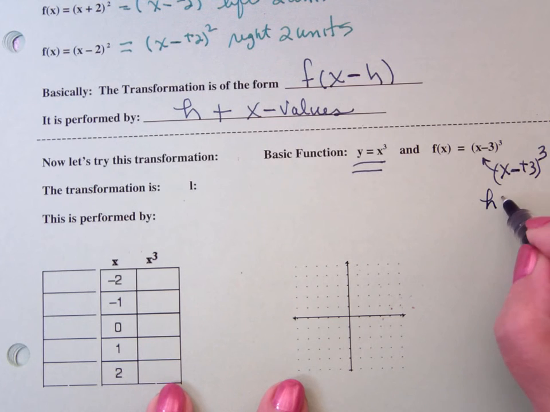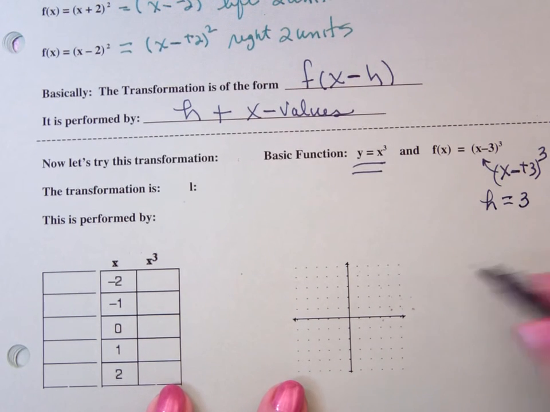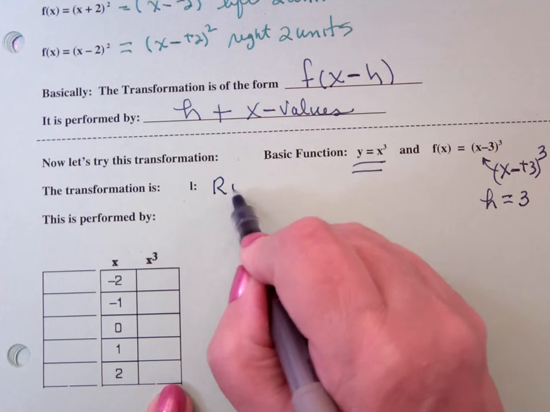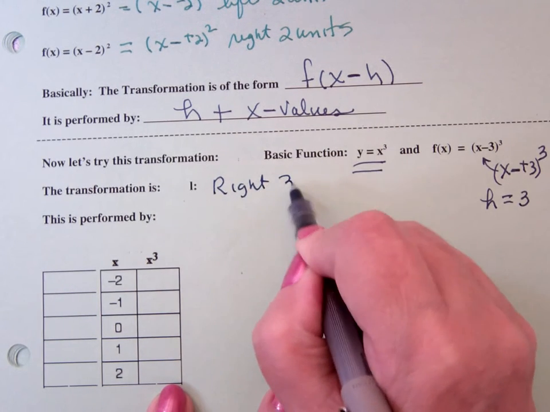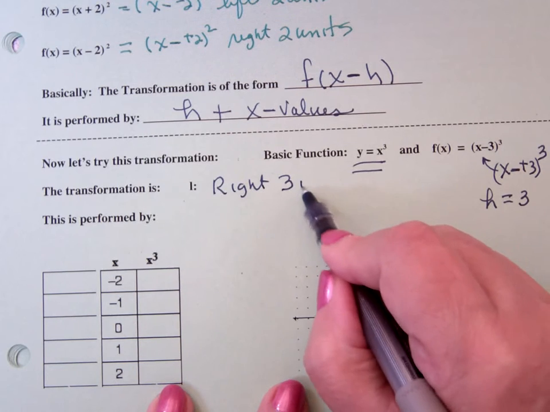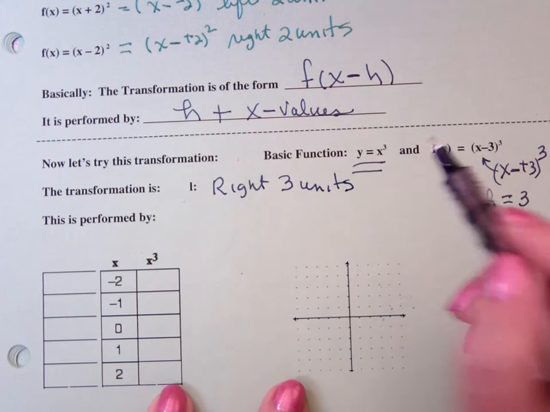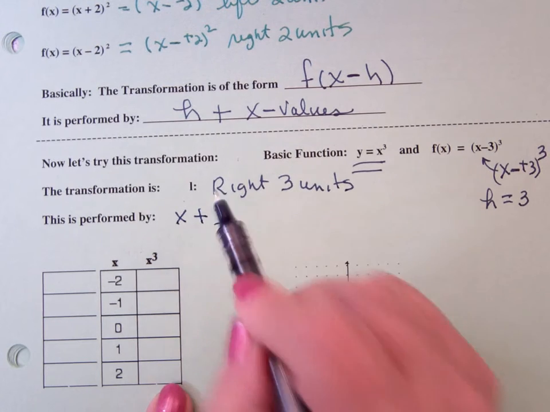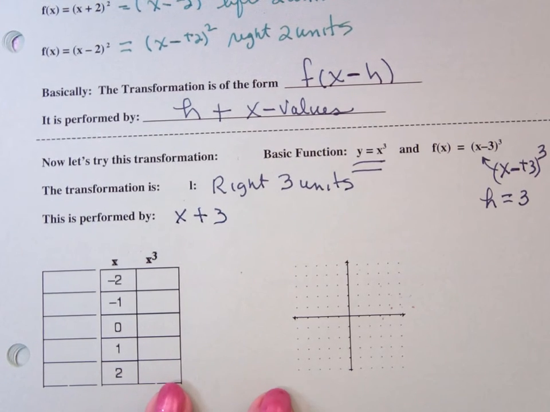So h is 3. So h is positive. The transformation is right 3 units. That means it's going to take all of the x values and add 3 because I'm moving right 3.